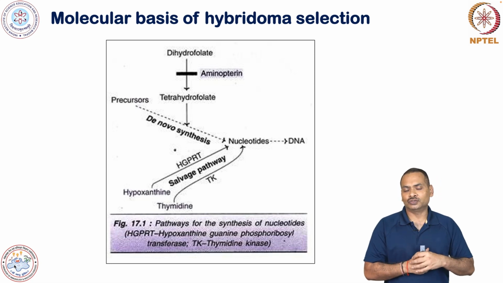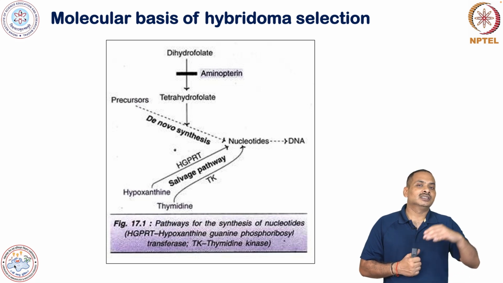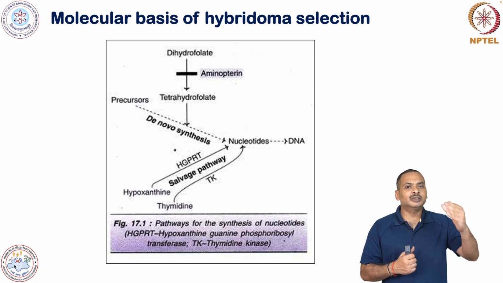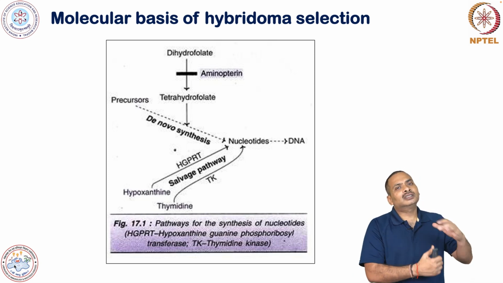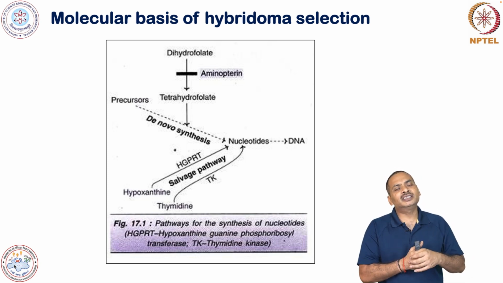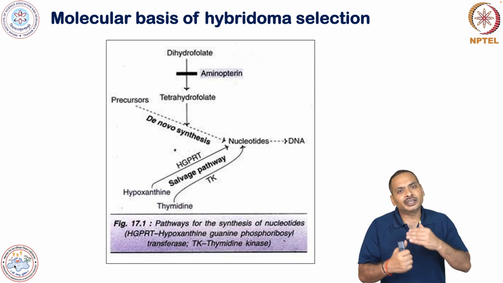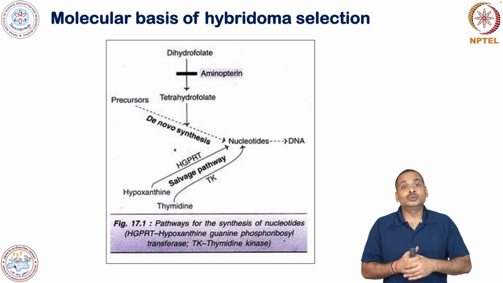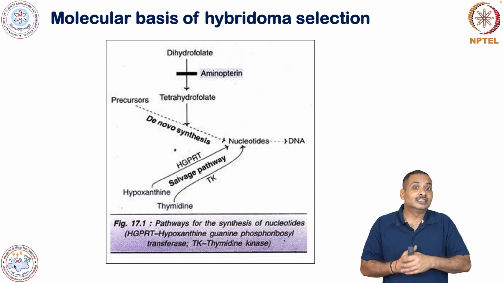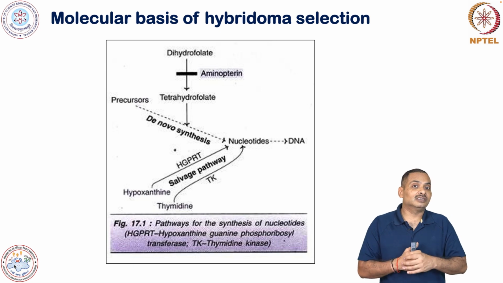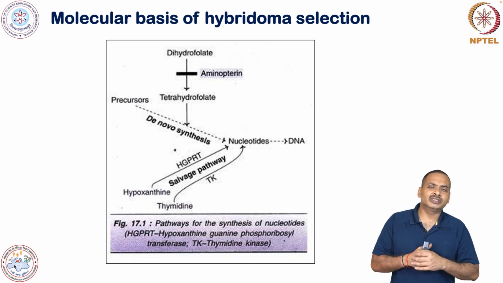This is the de novo pathway. In case of the salvage pathway, you know that these cells keep on dying, okay. In the salvage pathway, this broken DNA or broken bases or nucleosides and nucleotides are used in order to make a new DNA molecule, okay. You remember that there is a semi-conservative method for DNA replication, right. Anyway, don't go into that detail.